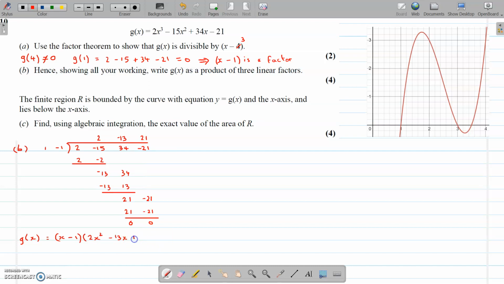plus 21. Okay, and that quadratic further factorizes, well, we already know that from the graphics calculator, but we should still show it because the question is about showing algebraically, well, showing all your working, it says.